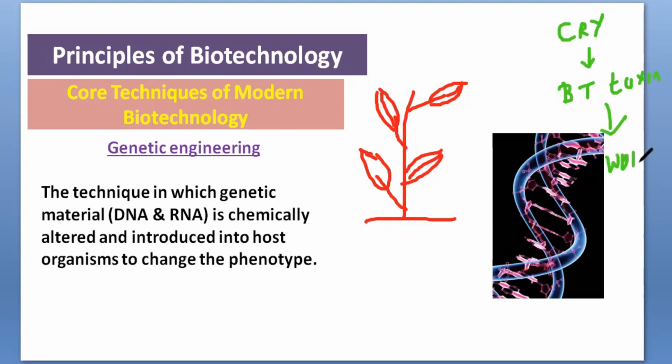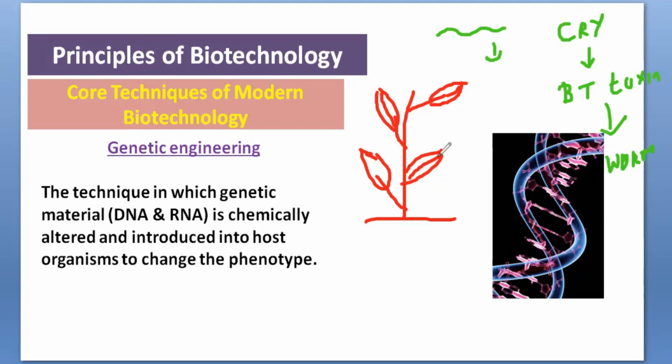Now, what we did was insert this cry gene into this cotton plant, so that now this plant is going to produce a protein. Now that we have given the gene, from the gene to mRNA is called the transcription process, and from mRNA to protein is the translation process.